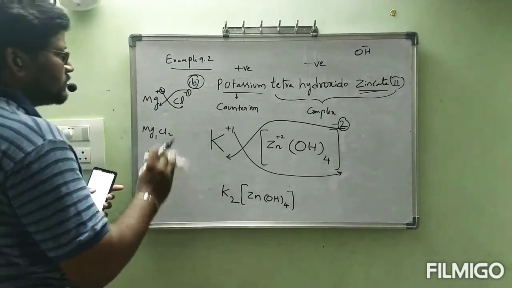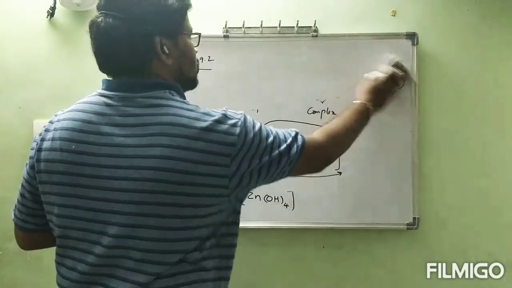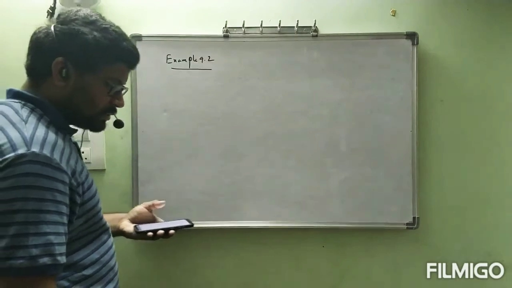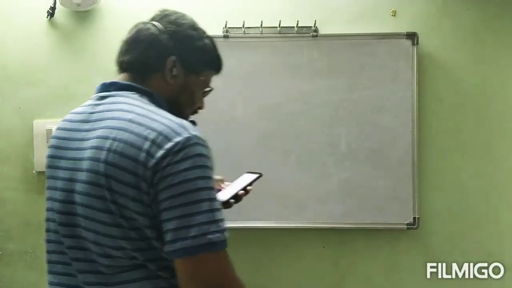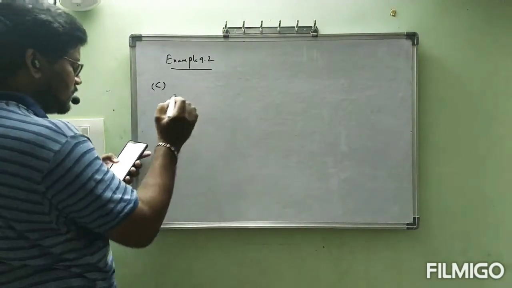Okay, now next one, C. They give the solution also. K2ZnOH4. Okay, that is clear. Next, C. K3, sorry.